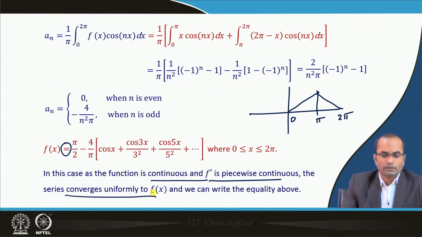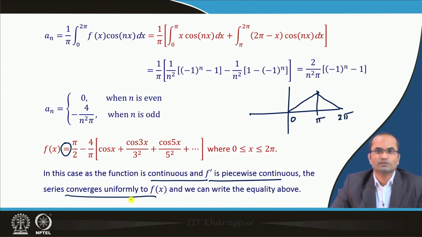We have learnt already the convergence of the Fourier series, and we know that the Fourier series converges uniformly indeed. The uniform convergence was the strongest convergence which we have discussed in the lecture.